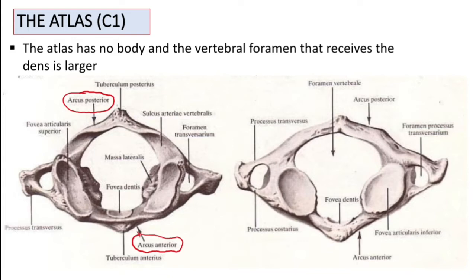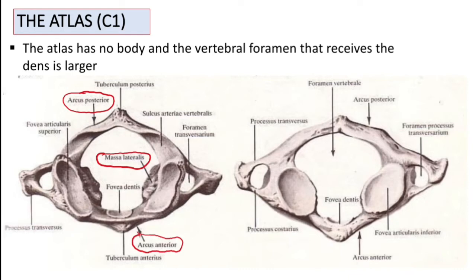I told you that this vertebra doesn't have a body, so which structure carries the weight of the skull? There is a lateral mass called massa lateralis, in the place of the body.